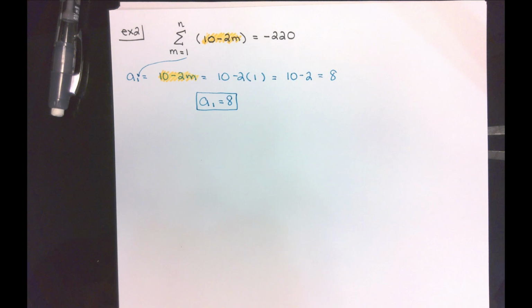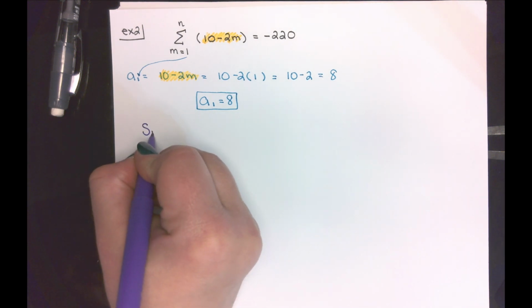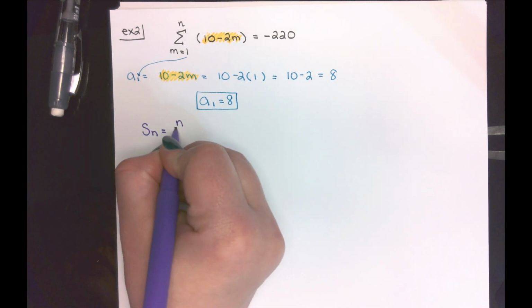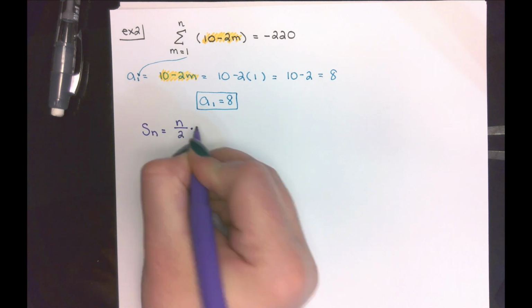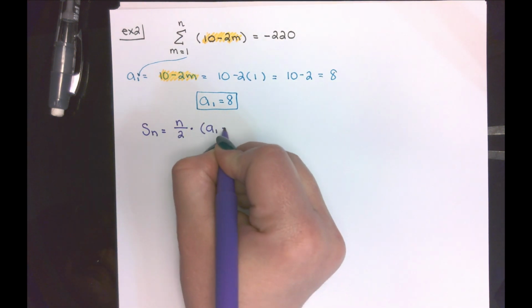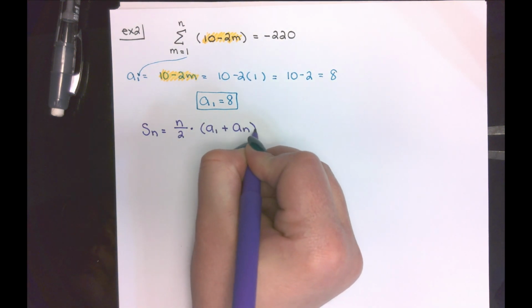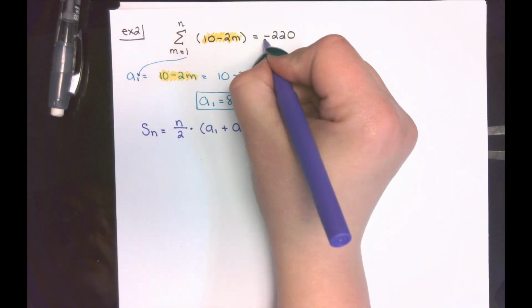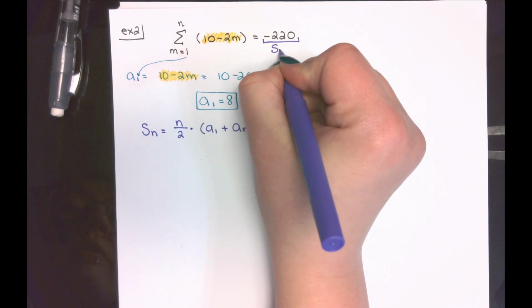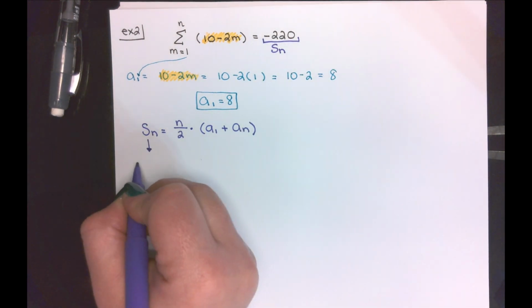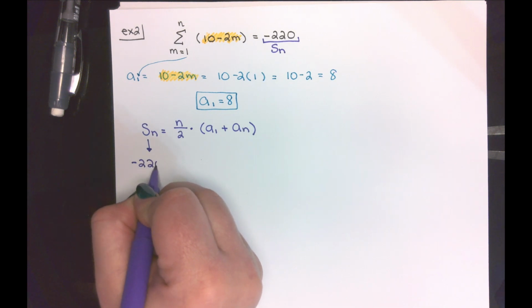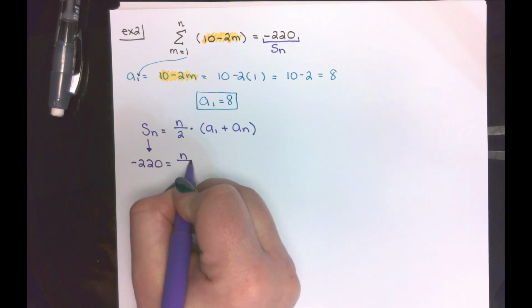Next, you're going to write out your formula. S sub n is equal to n divided by 2 times a sub 1 plus a sub n. This right here is your sum of your terms. So S sub n is negative 220. n is unknown.